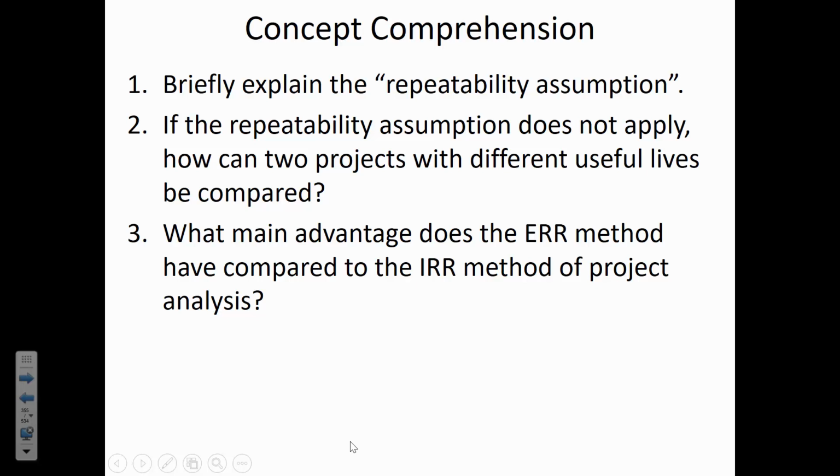You wouldn't be answering it entirely if you just define what each of them are. This is saying, what's the advantage of one compared to the other? So what's the advantage of external rate of return method compared to internal rate of return method? So think about, why is one better than the other?